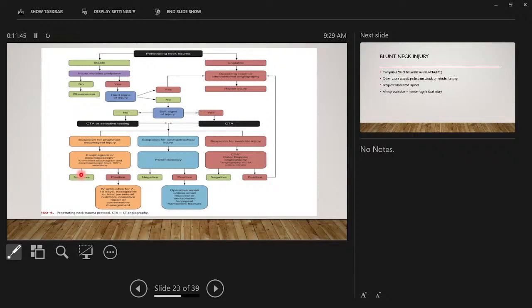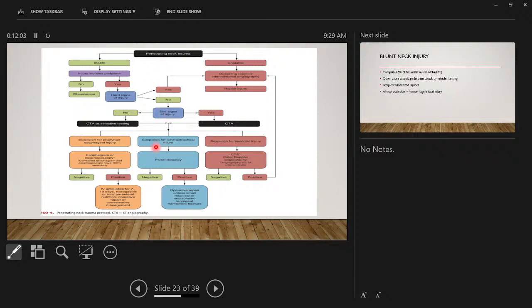If this is negative, just observe the patient and discharge as per requirement. If this is positive, start IV antibiotics for 10 days and total parenteral nutrition. And if the patient is not improving, then take the patient for elective repair.